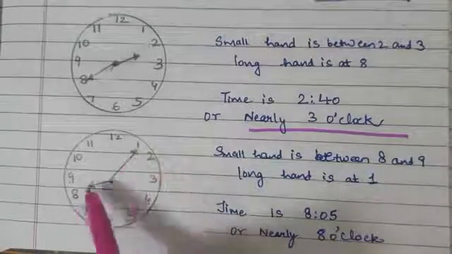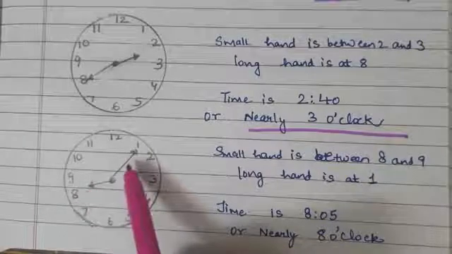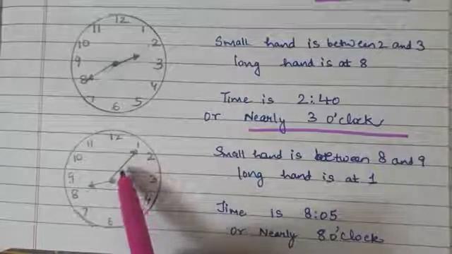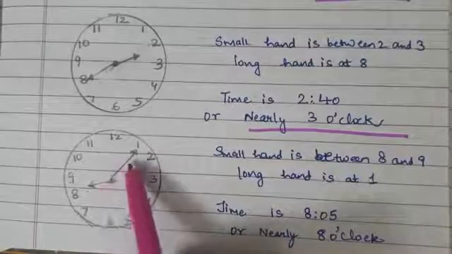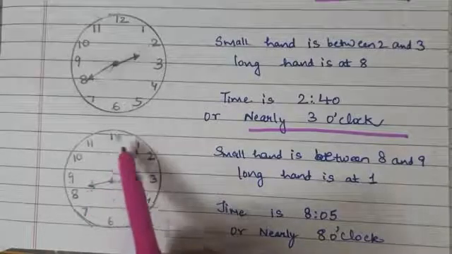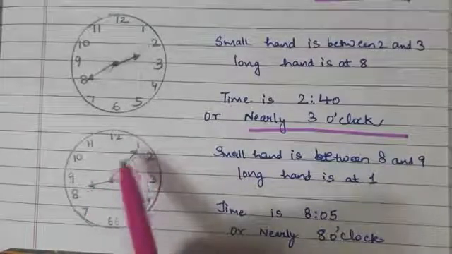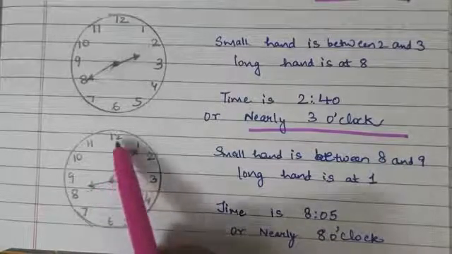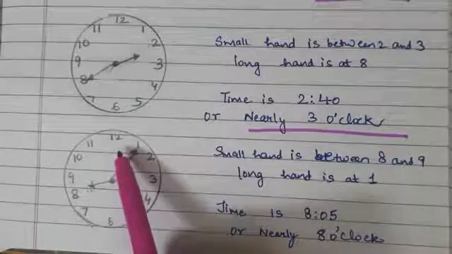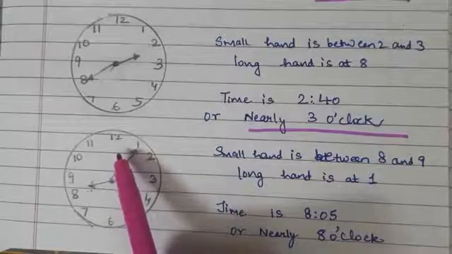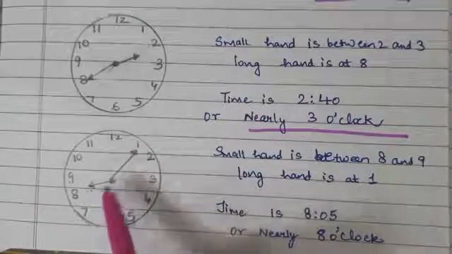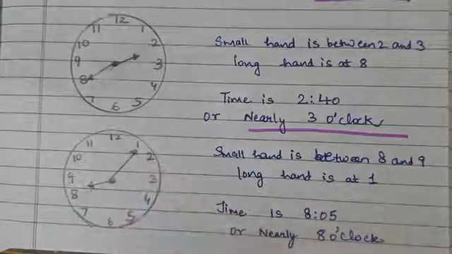And if we have to tell the answer to the nearest hour, the answer will be nearly 8 o'clock. Because right now 8 o'clock has just completed. So we can say the time is nearly 8 o'clock.